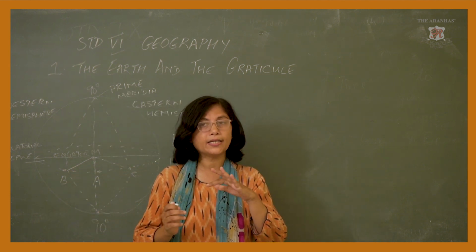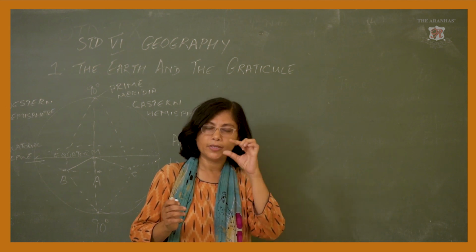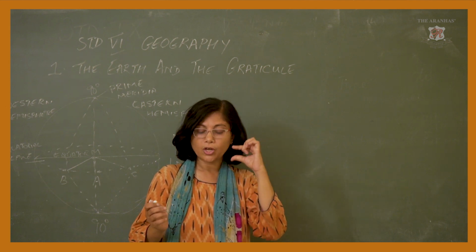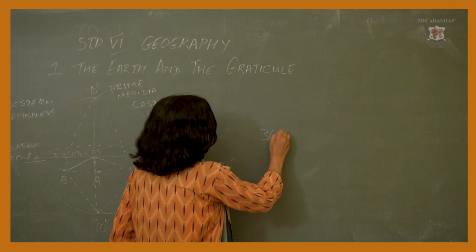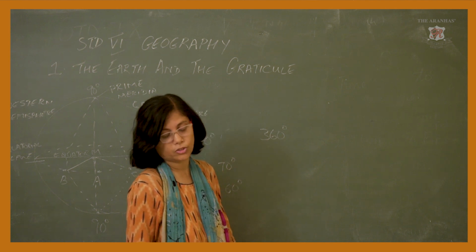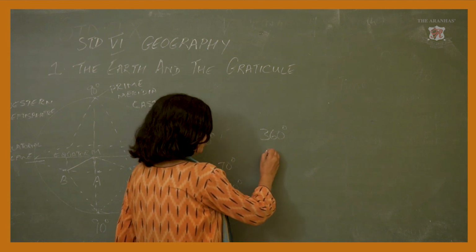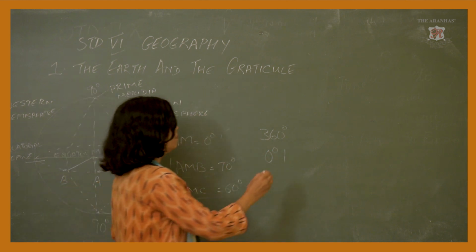Just as we had 181 that we could draw for the latitudes, for the longitudes we have 360 meridians that we can draw in total. The prime meridian is 0 degree, which is visible to us on this side of the globe.